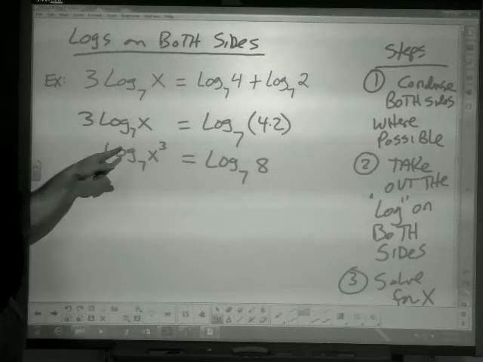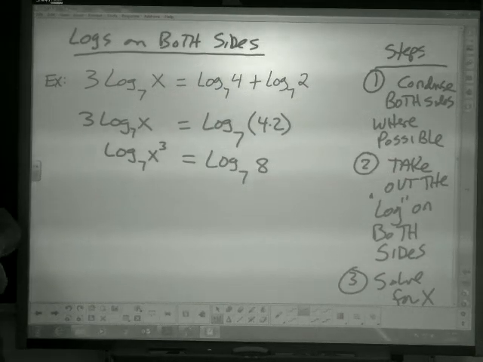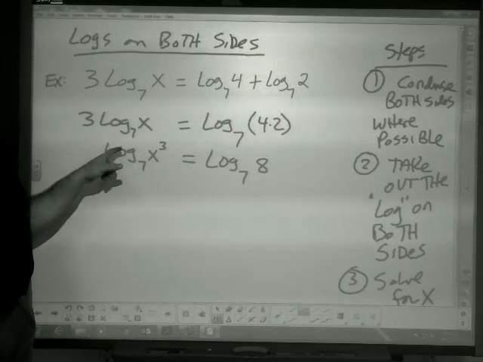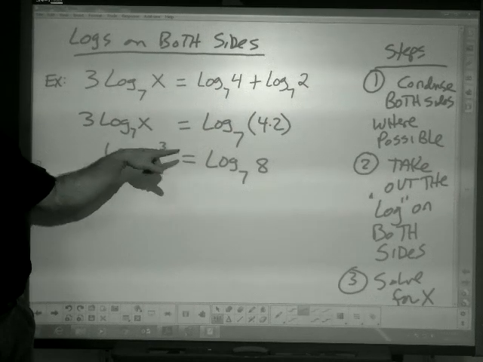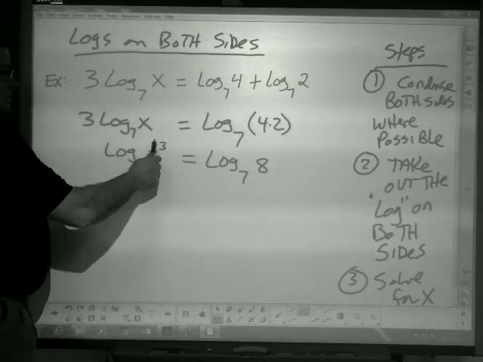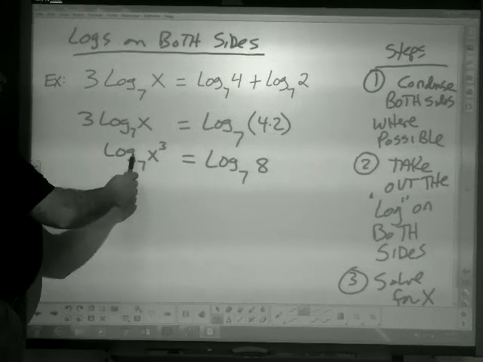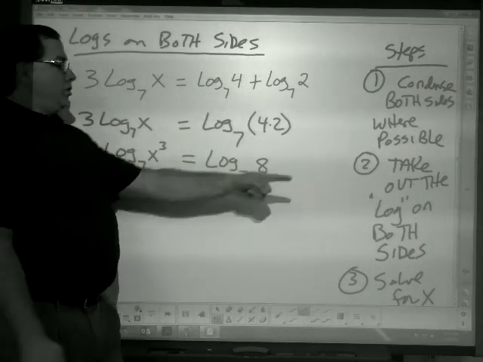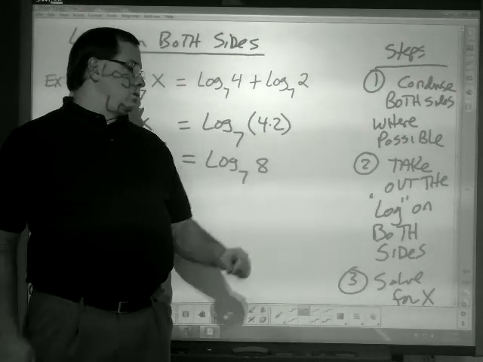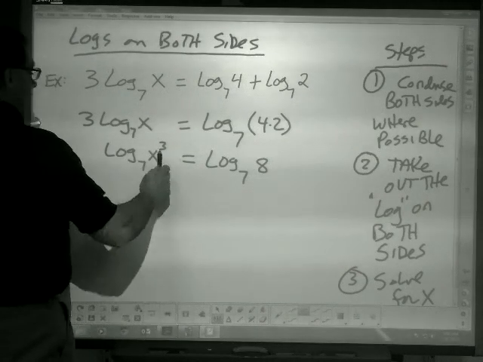So I have used my power properties for both of these sides. I got it now down to just log equals log. Well, if log base 7 of x cubed is log base 7 of 8, that's only true if x cubed equals 8. So once you have it down to here, you take out the log on both sides.